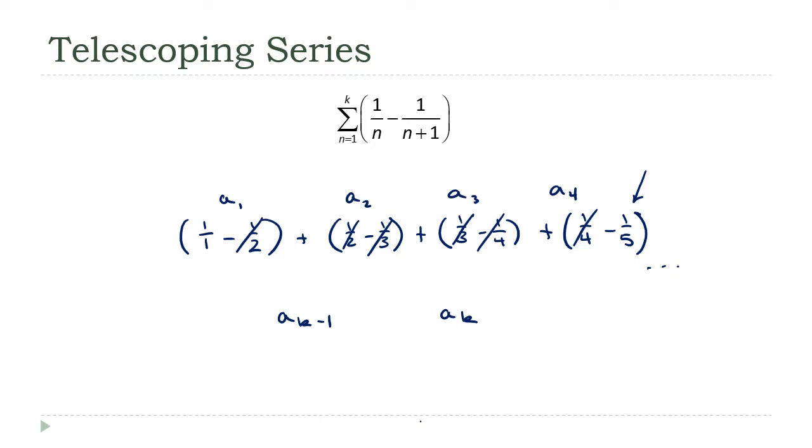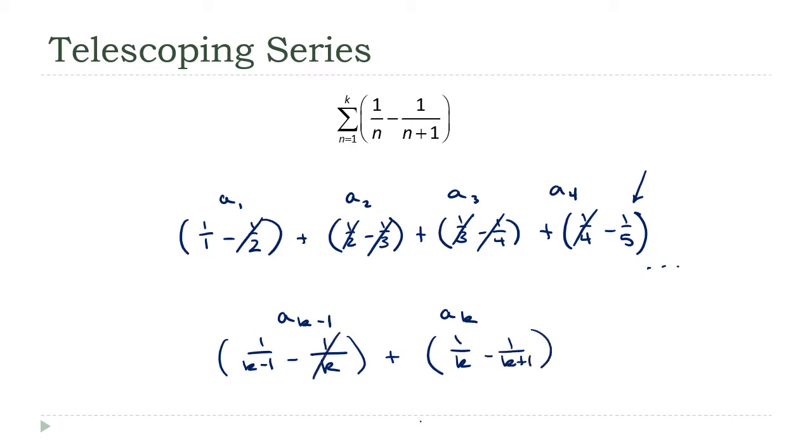But let's put some things in here and just confirm that. So a sub k minus 1 is 1 over k minus 1 minus 1 over, it's going to be k minus 1 plus 1, which is k. And then I'm going to add that to a sub k. This is a little easier. 1 over k minus 1 over k plus 1.